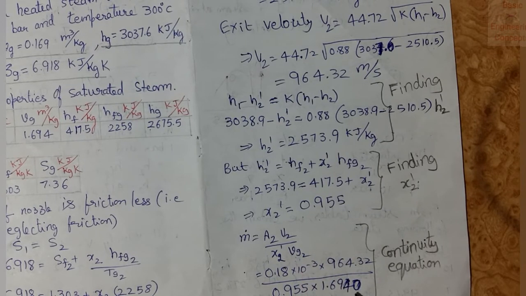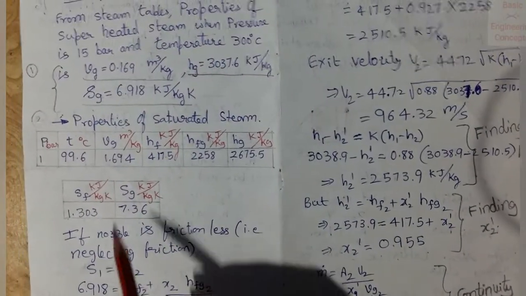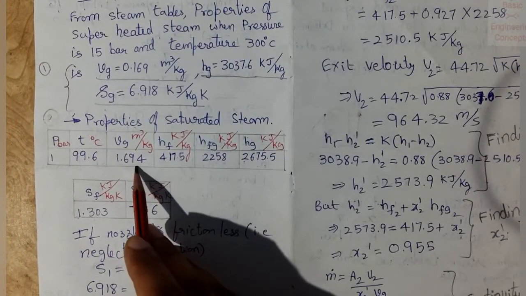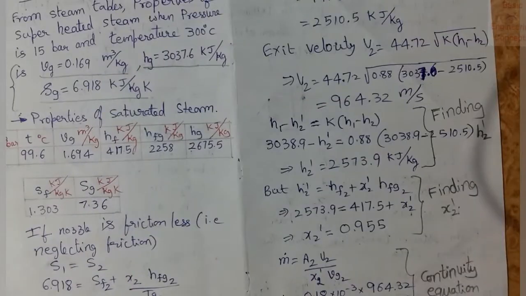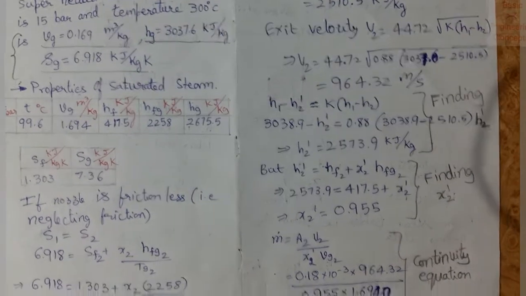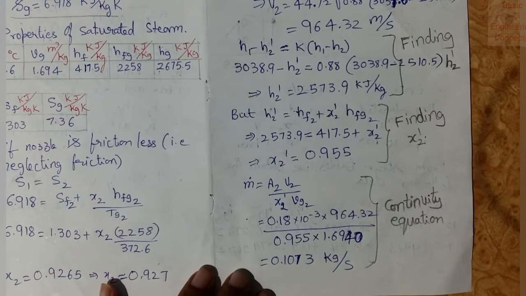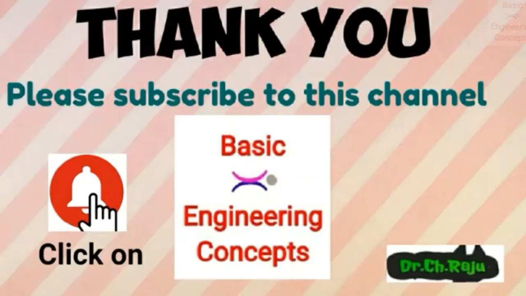Next Vg2, which is again from steam tables, Vg2 value is 1.694. And the final answer is 0.1073 kg per second.